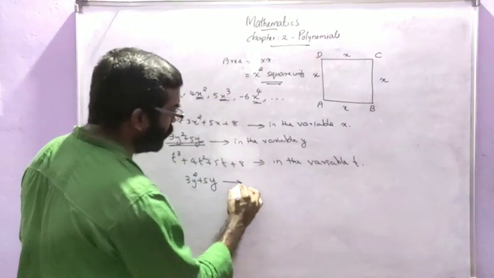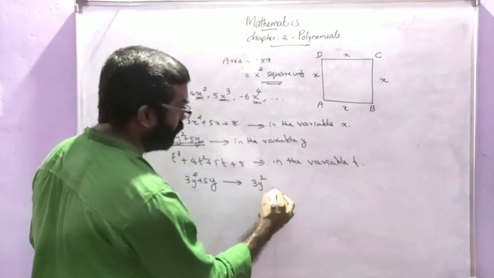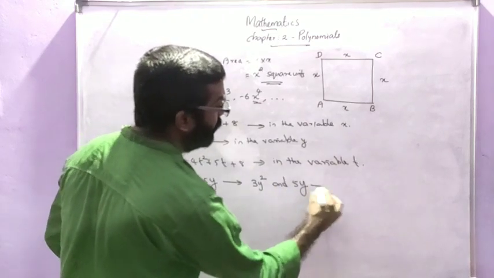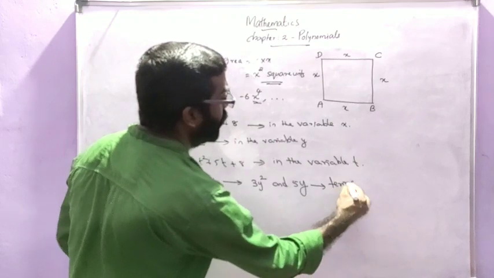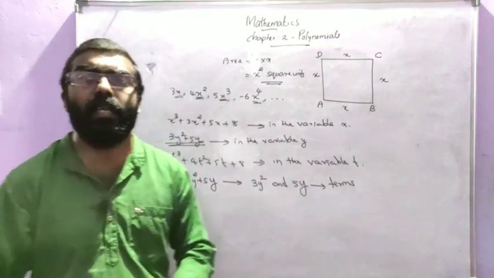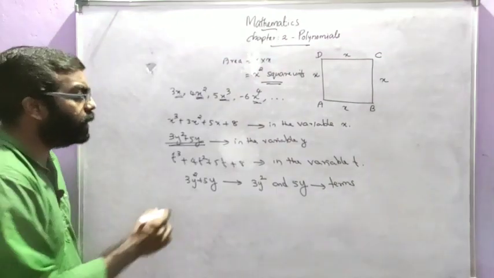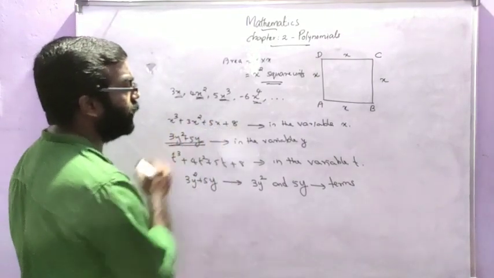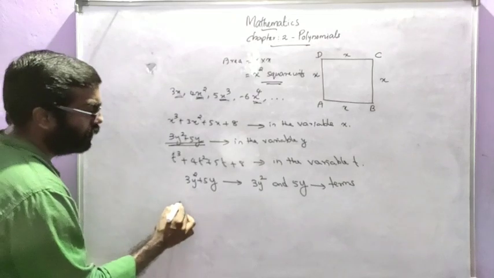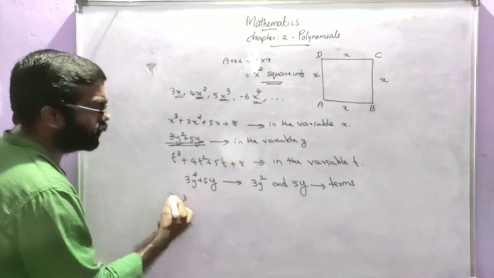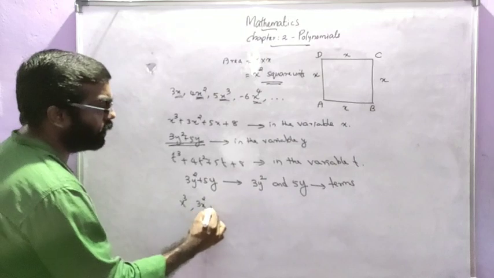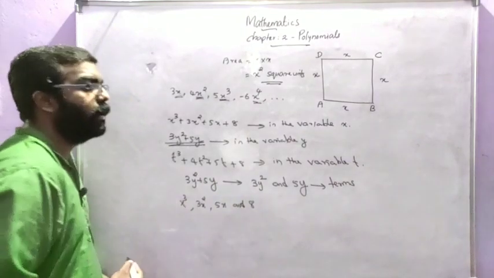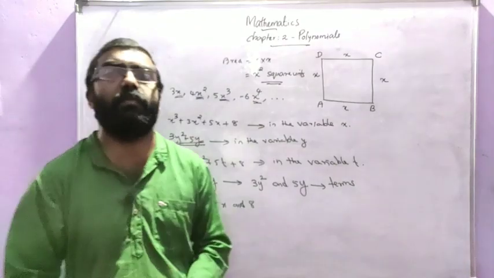In the polynomial 3y square plus 5y, the expressions 3y square and 5y are called terms of the polynomial. Similarly, in the polynomial x cube plus 3x square plus 5x plus 8, x cube, 3x square, 5x and 8 are called the terms of the polynomial.